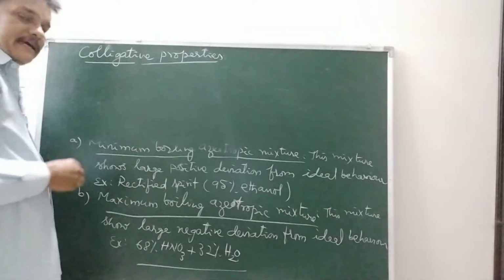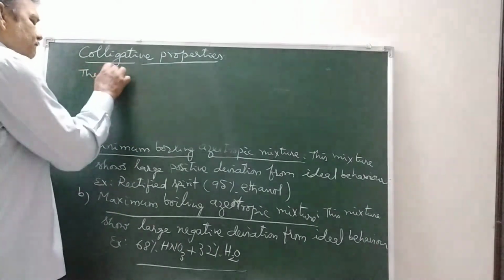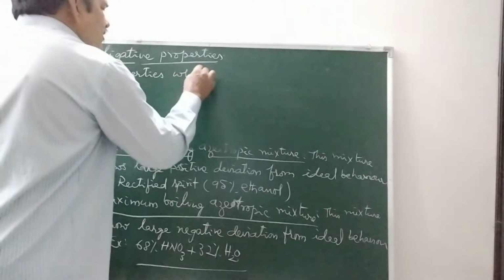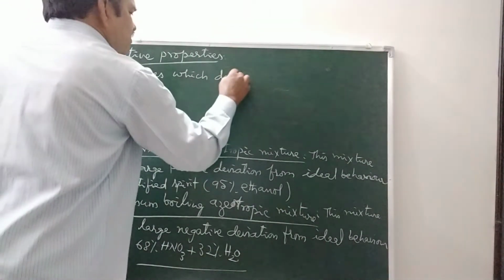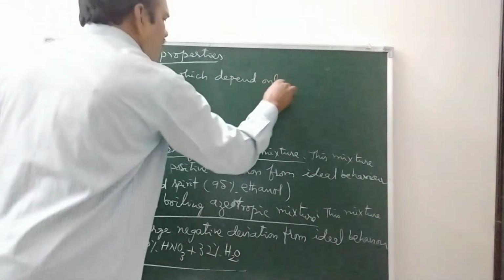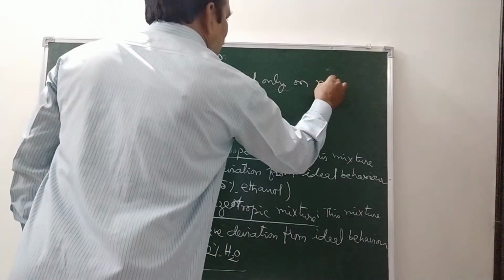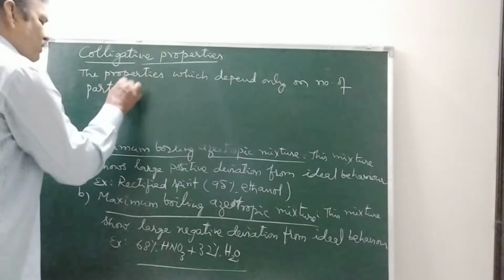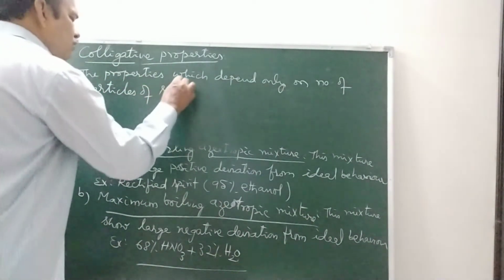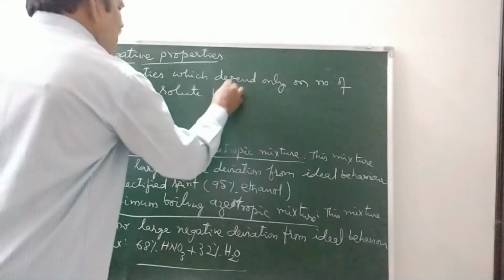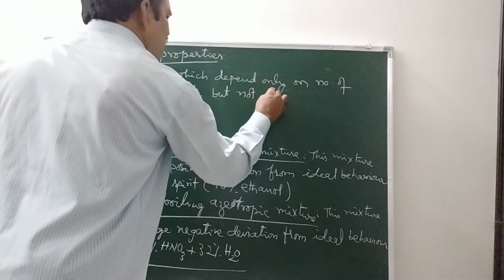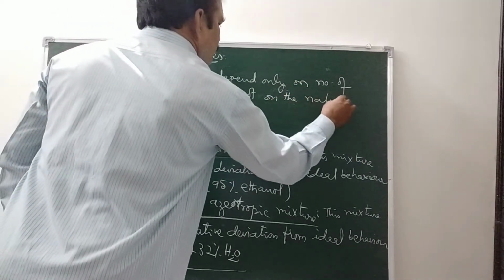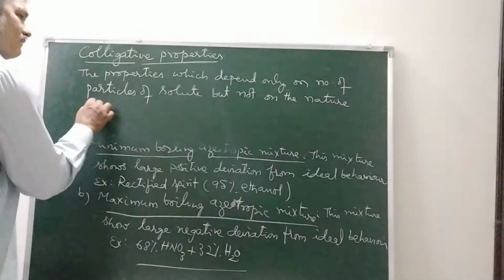Colligative properties can be defined as the properties which depend only on the number of particles of solute, but not on the nature of solute or solvent.